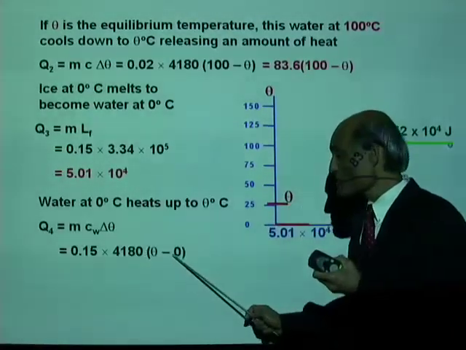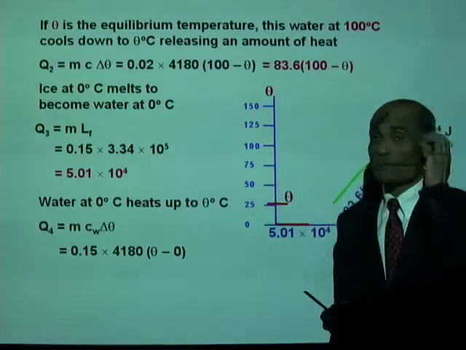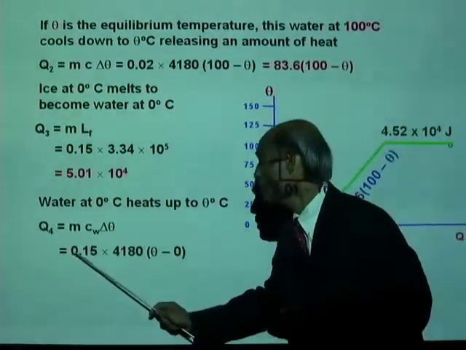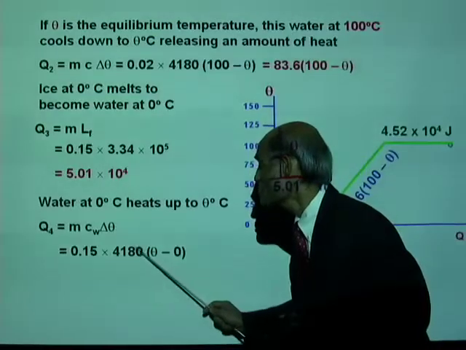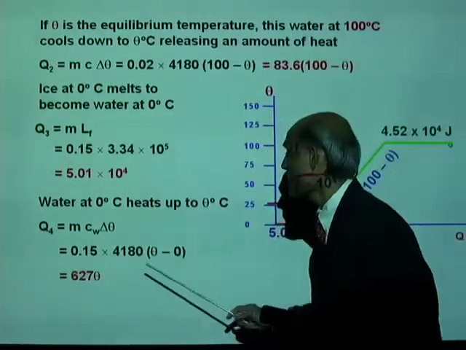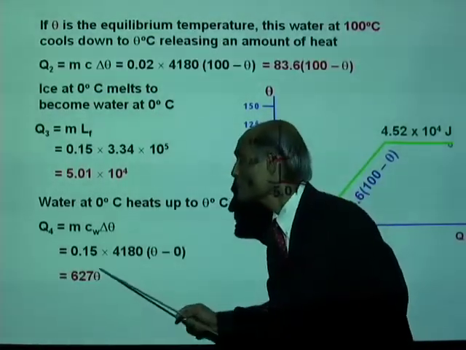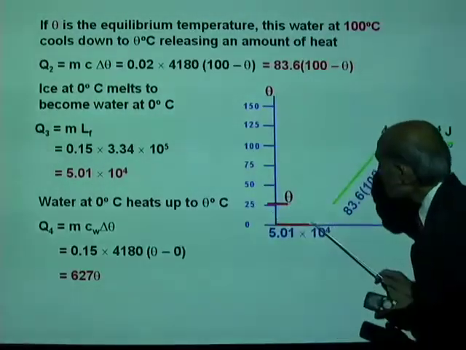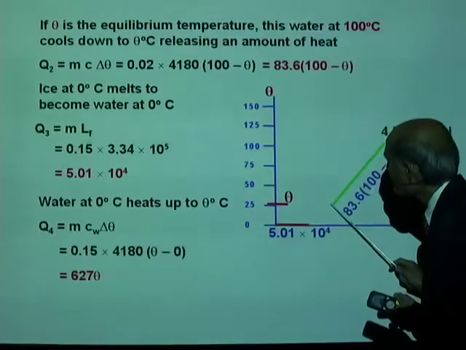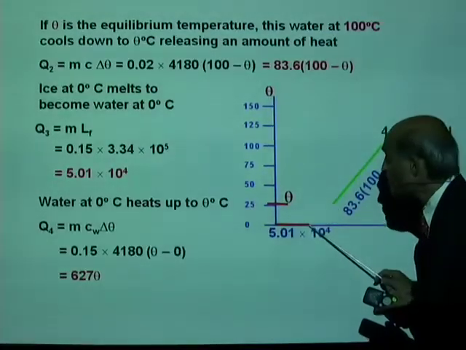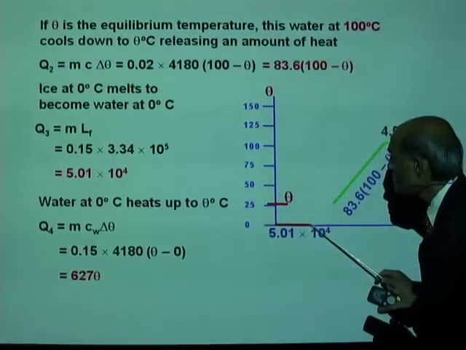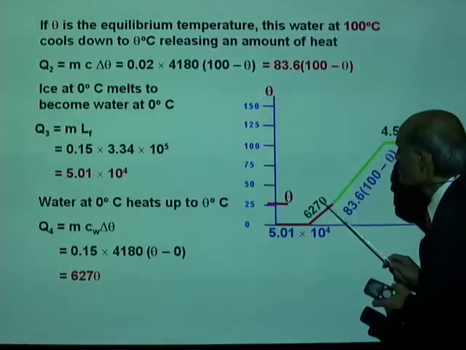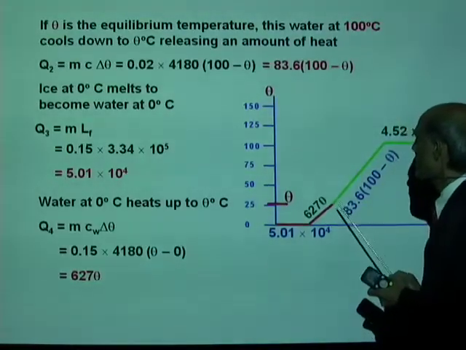The change in temperature is theta minus 0, which is theta itself. So I can multiply these two numbers and then multiply by theta. It gives me 627 theta as the heat absorbed during that time. Water increases from 0 degrees to theta. There you are, 627 theta.